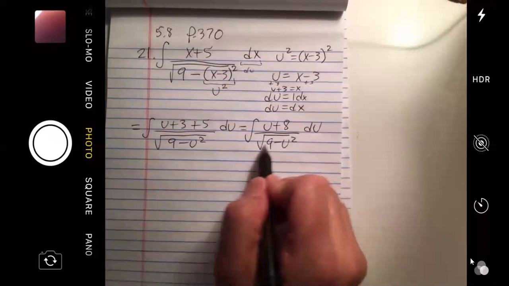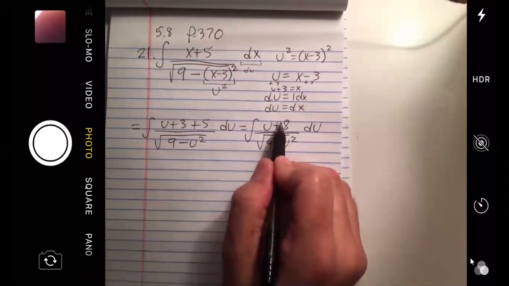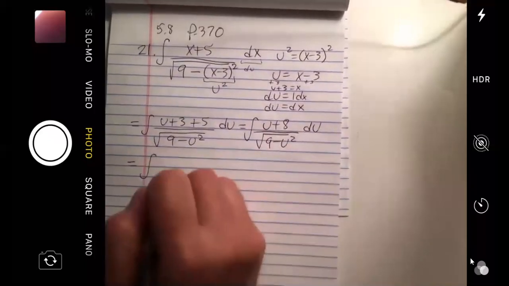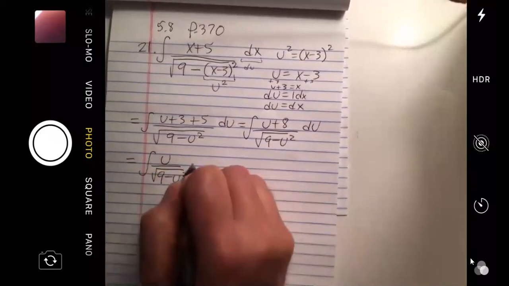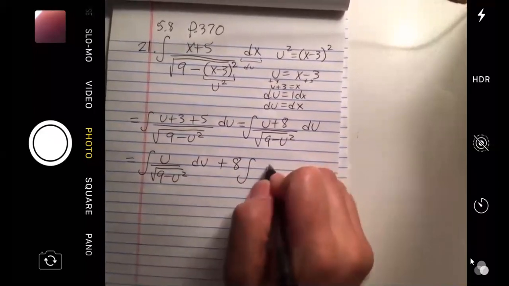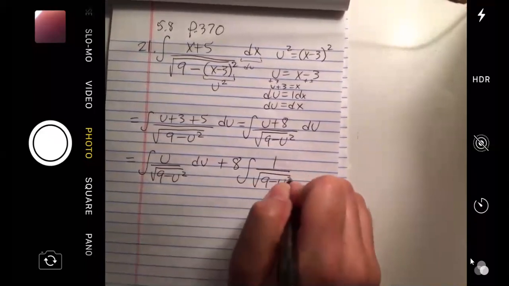It looks like an arc sine here, but you've got multiple pieces. Whenever you see that, that's a signal to break it up. Square root 9 minus u squared plus, I'm going to throw the 8 out. You could have left it in. 1 over square root 9 minus u squared du.